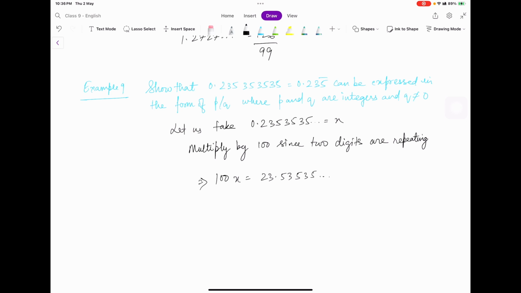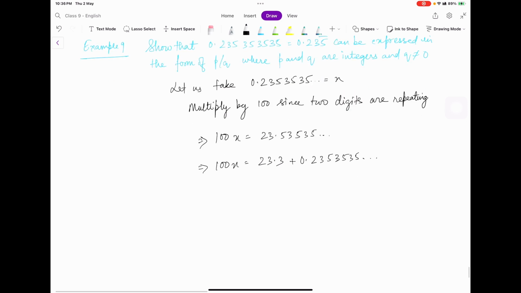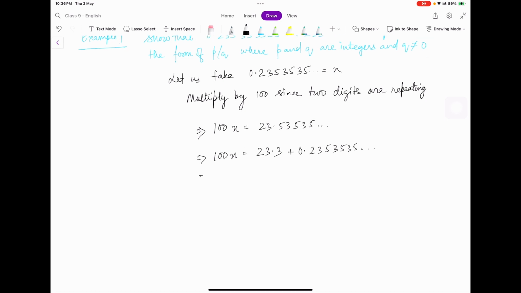So to get that pattern again, what will we do? 100x equals, we need 0.23535. If we take out 23.3, we will get this number again. You just do this minus this part. If you do 23.53535 minus this, you will get 23.3.